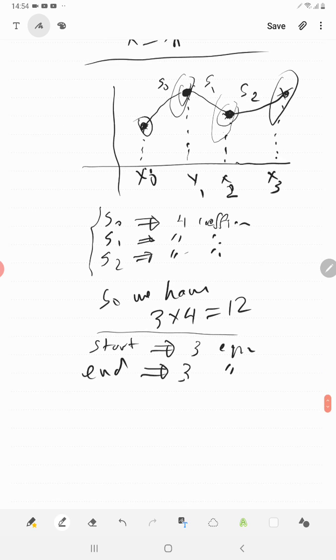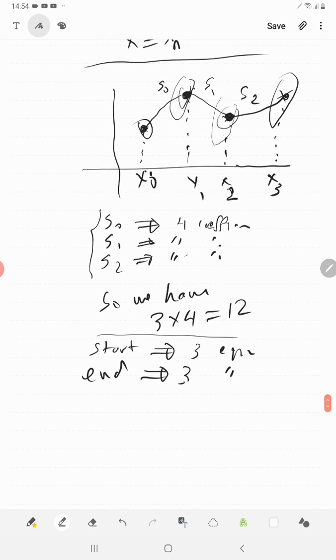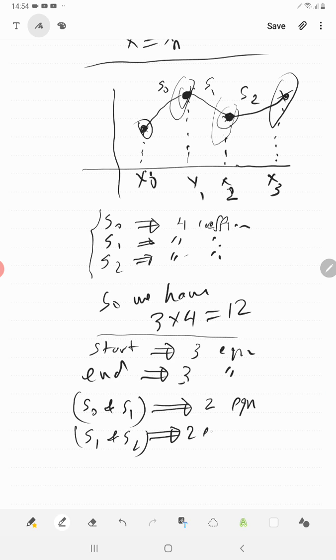So 3 and 3. Now, from the first intersection between S0 and S1 you will get 2 equations, and between S1 and S2 you will get 2 equations.